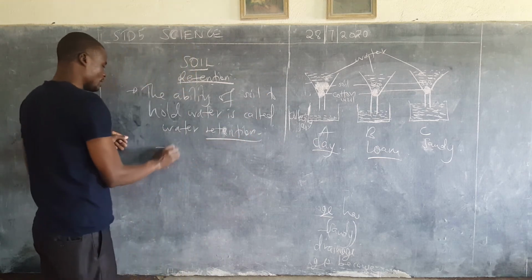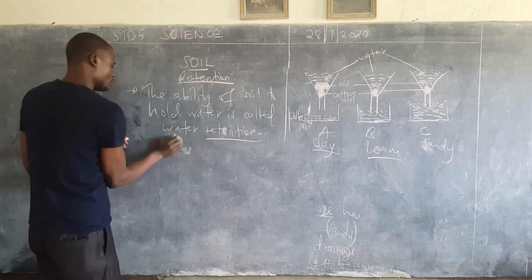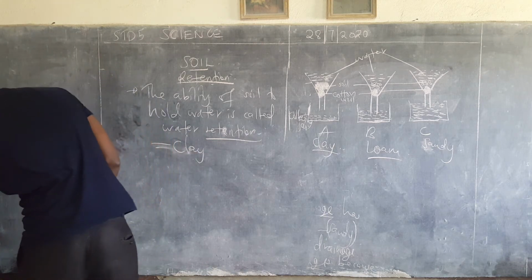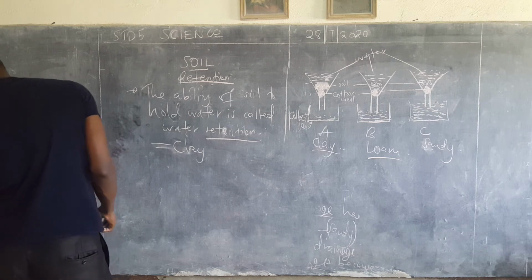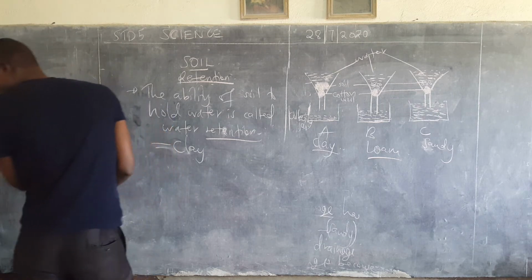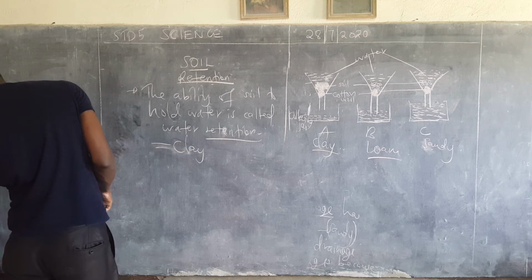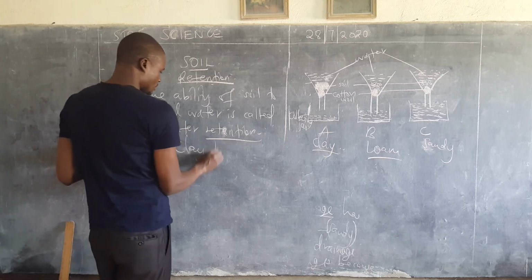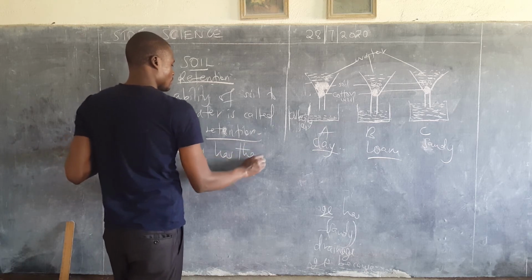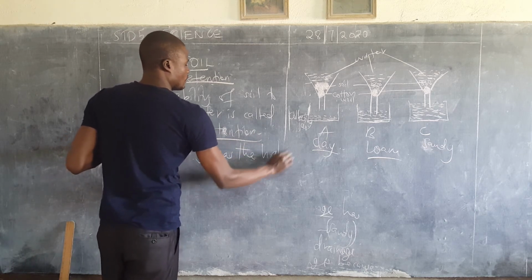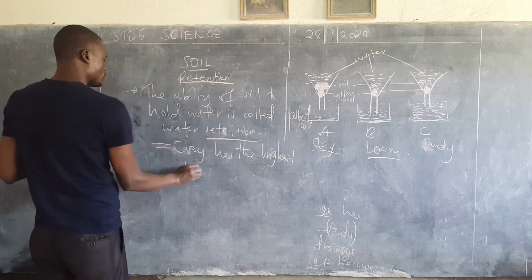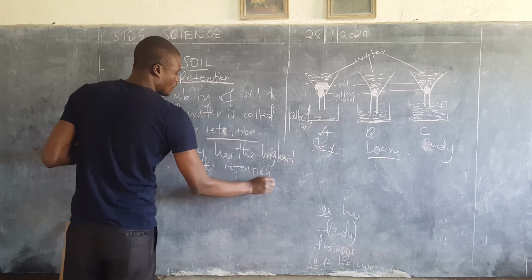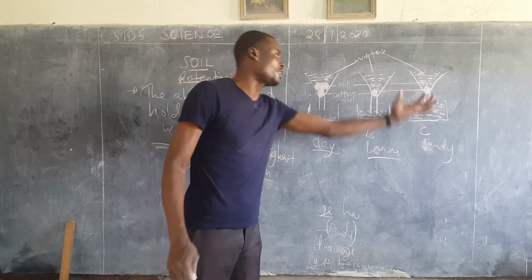So the best soil, let's say clay soil, has the highest water retention. It retains water for the longest as compared to the others.